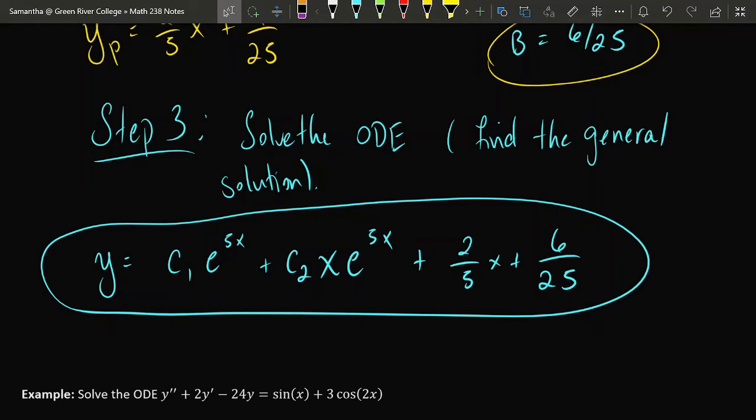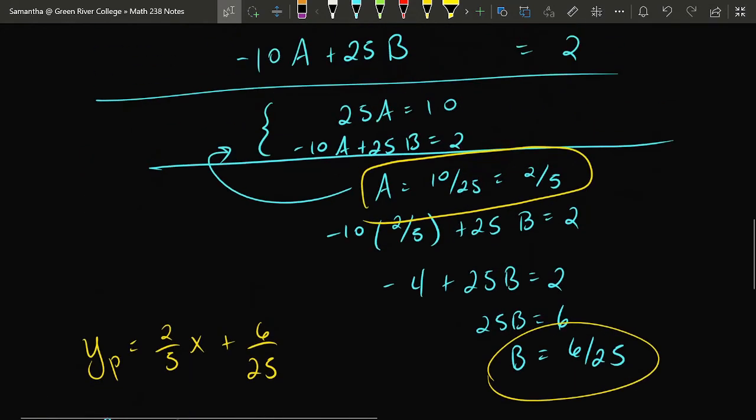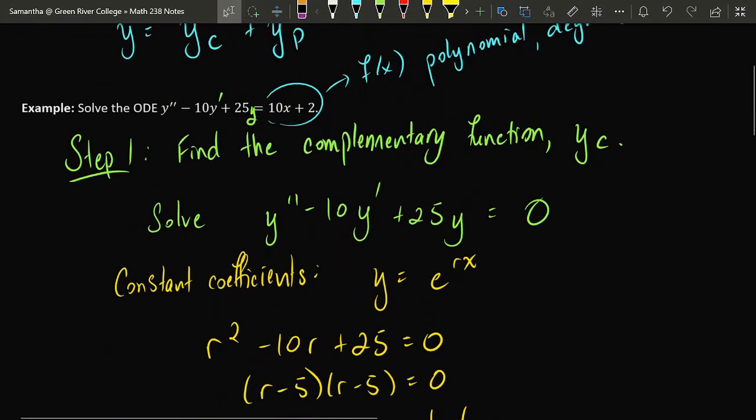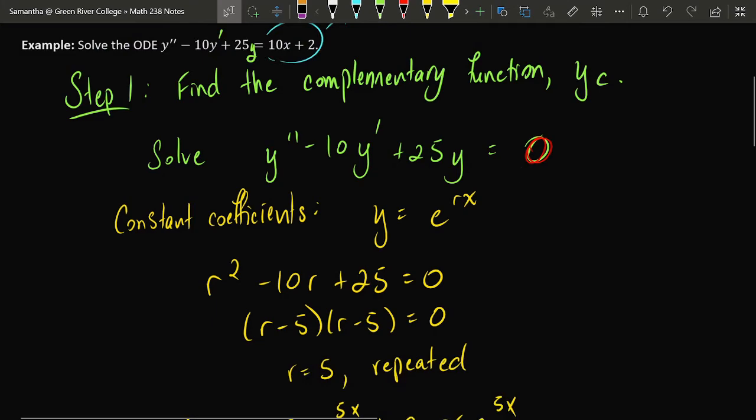So, solving a non-homogeneous ODE is a three-step process. Step number 1 is convert the ODE to its homogeneous equivalent with 0 on the right side. Then solve that completely to get the complementary function y sub c.